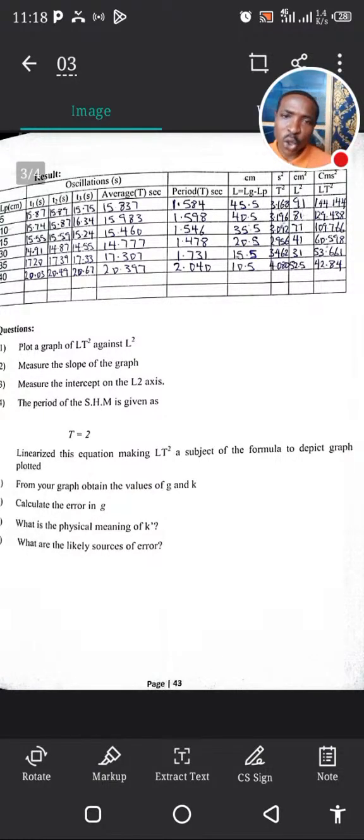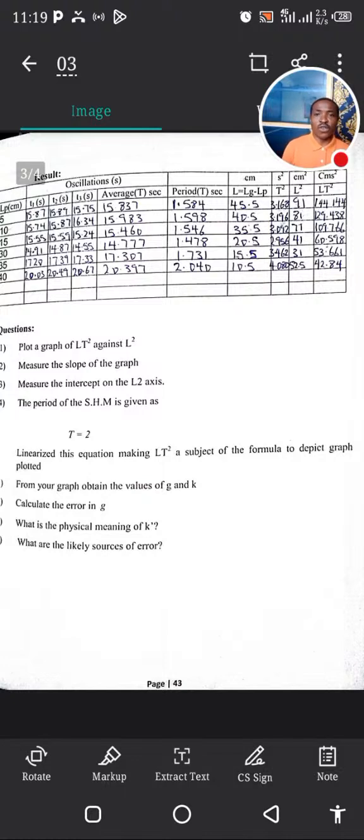So I will be able to show that when we come to answering question 4, where they say the period of the simple harmonic motion is given as this. They didn't complete that, so we'll see the right equation in this answer page. Then they say analyze this equation, making LT square the subject of the formula to depict the graph plotted.